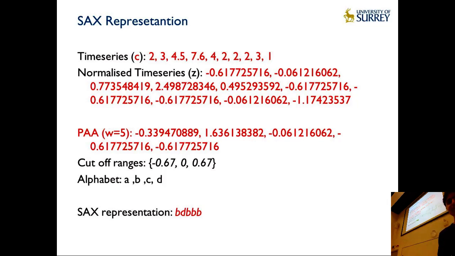Okay, what would be the first one? It will be B. What will be the second measurement? 1.63. 1.63 will be bigger than this value, so it will be D. What will be the third one? Minus 0.6. Actually 0.06. B or D? B. The next one?